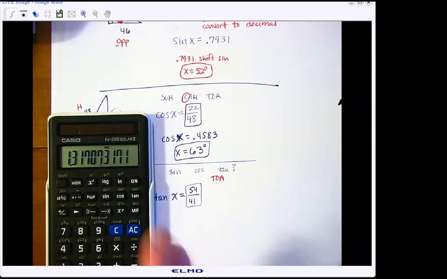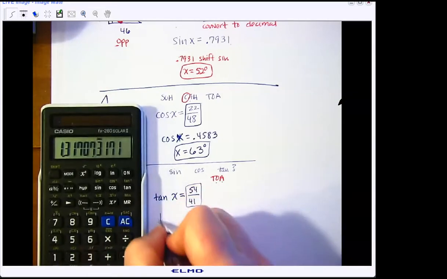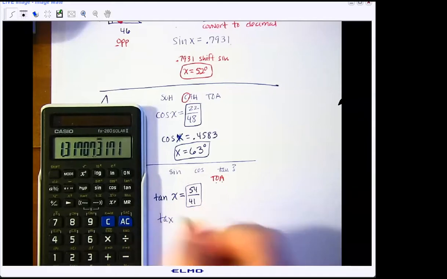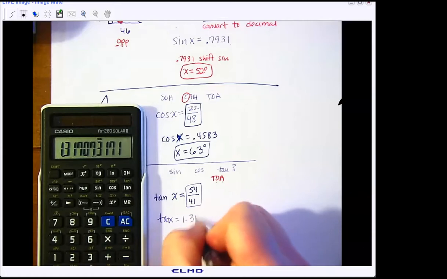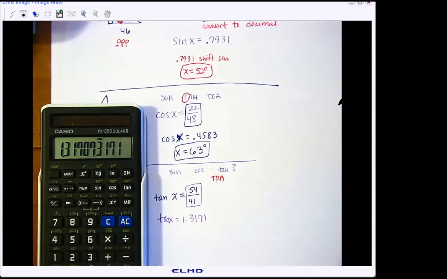You can put 0 or you can put 1, either way. So the tangent of x is equal to 1.317. I'm going to go ahead and put a 1 just because it's rounded. But if you put a 0, I'm fine with that because it's not going to change your overall answer.